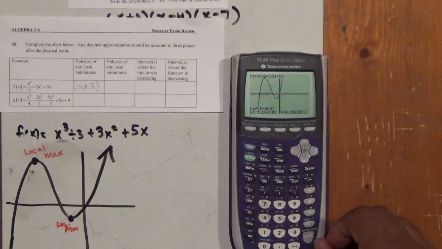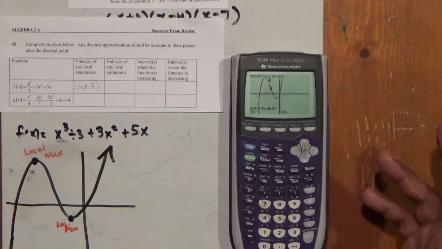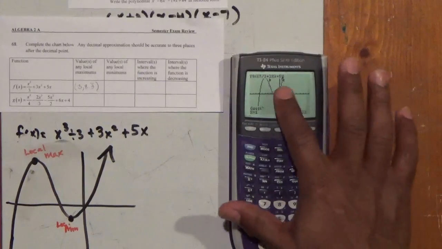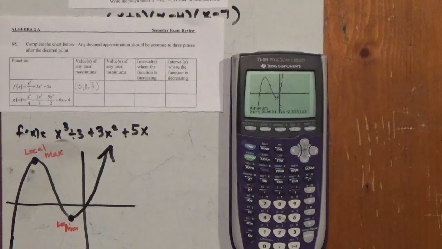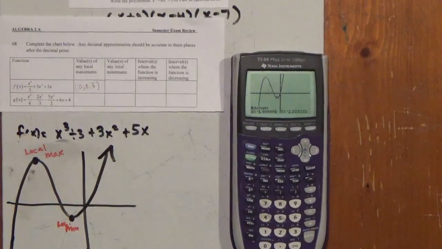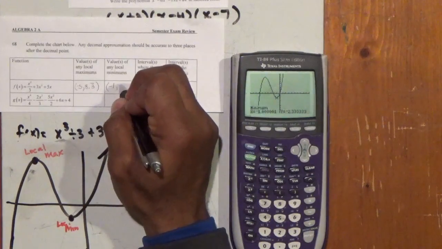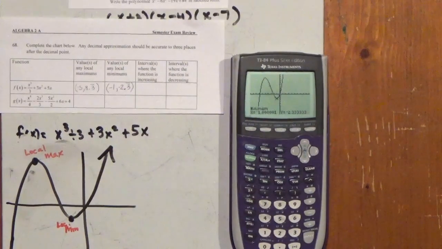So we're going to say left bound -3 and right bound 1. It's definitely between those values. We hit enter, and it gives us a local min of -1, -2.3 repeating, or 0.333.